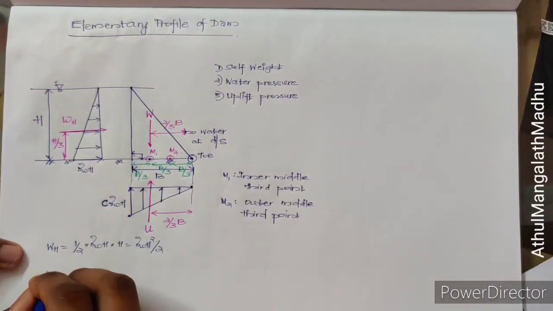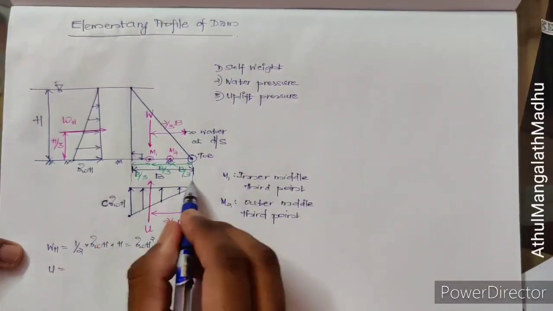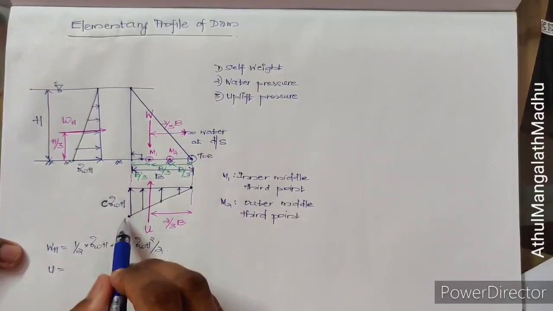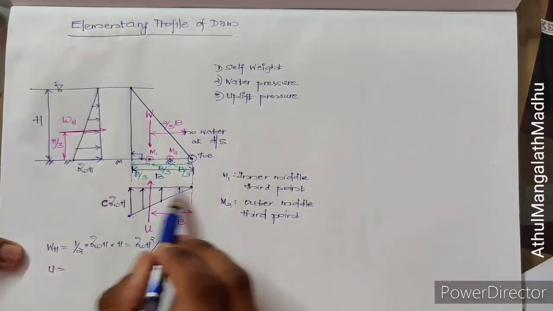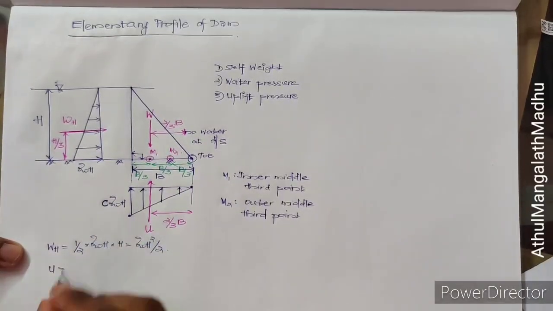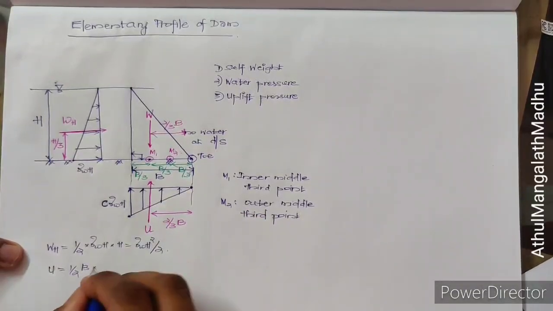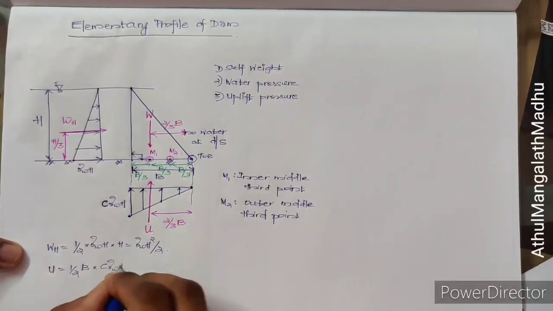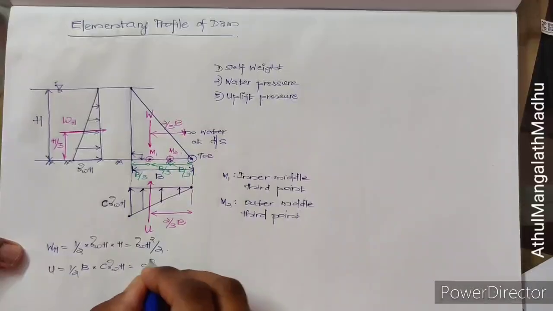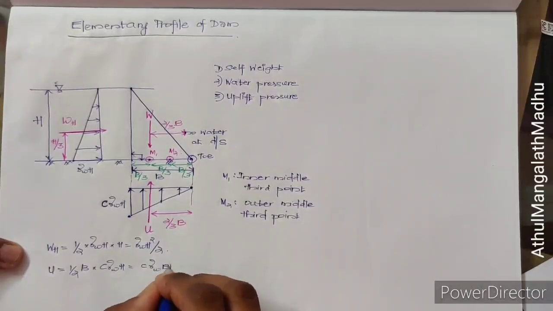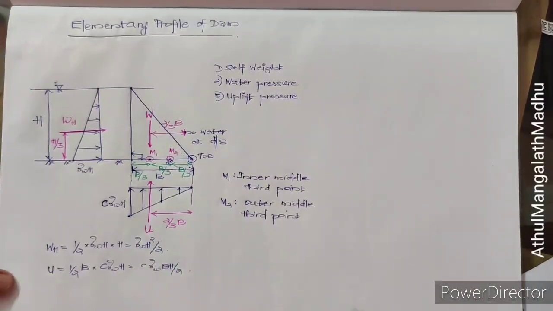And the uplift pressure acting is also a triangle variation, half into base B and height C into gamma W into H. So that can be written as C gamma W BH by 2.